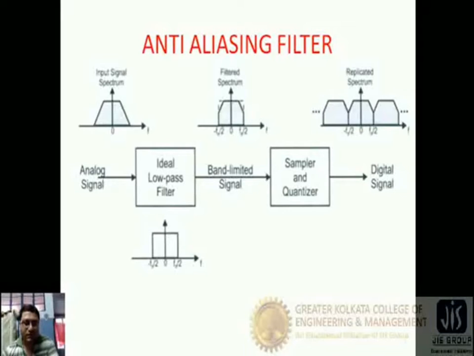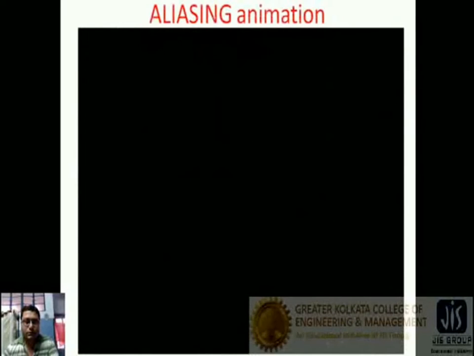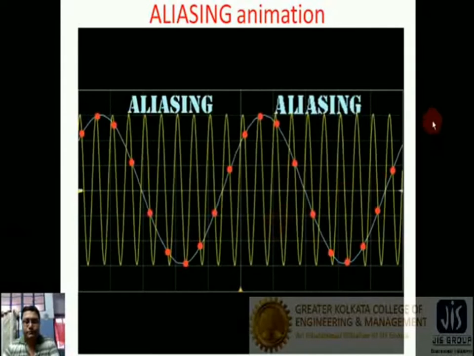So we'll see an animation of this aliasing process. Just have a look. Aliasing is the effect of insufficient sampling when a signal is digitized. The effect results in a false digitized signal with a frequency lower than that of the original analog signal.